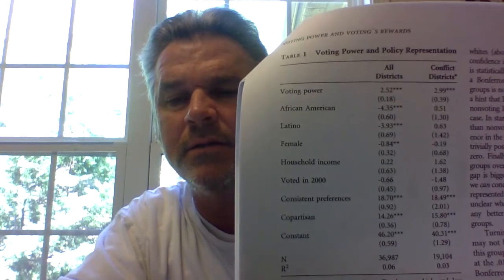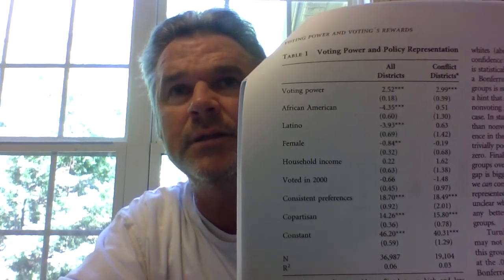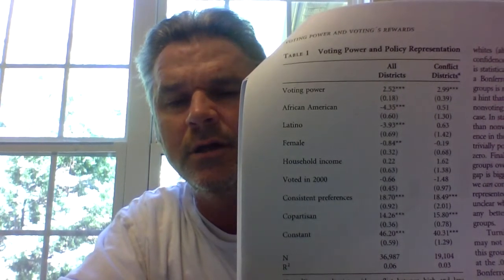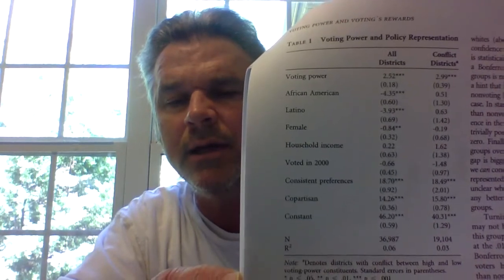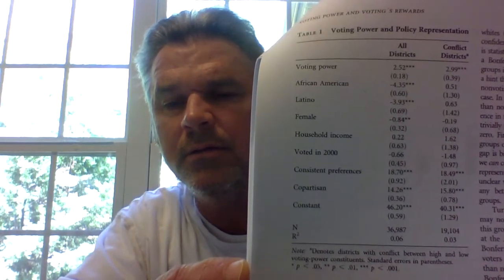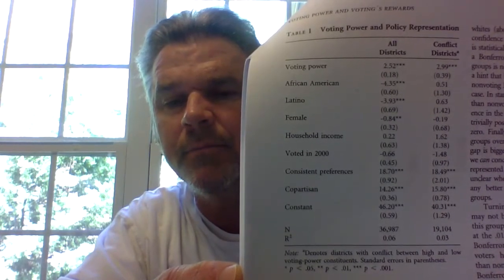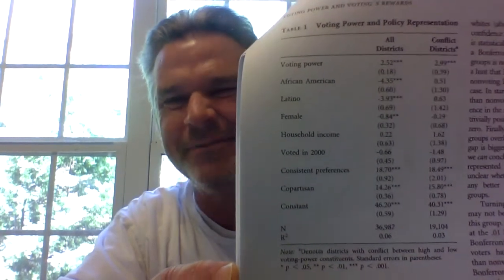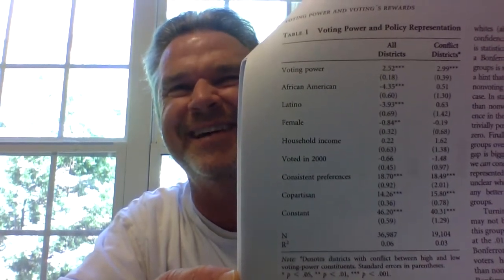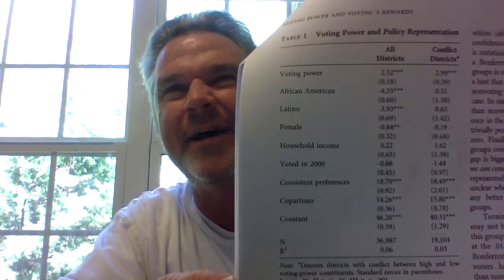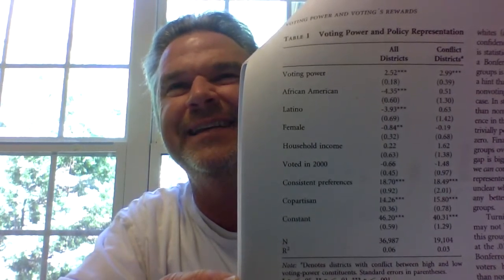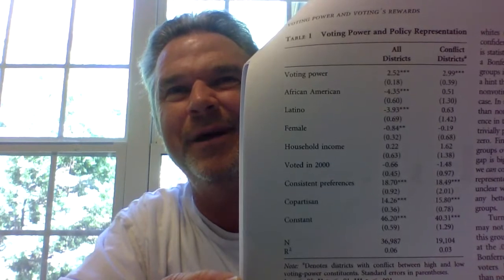N is 36,000. Is that a large or a small sample size? Large. And I don't want to get too critical yet, but look at the R squared. It's 0.06. That's really bad. Like I said, we don't want to be R squared snobs, but how well are they predicting their dependent variable, the model overall?